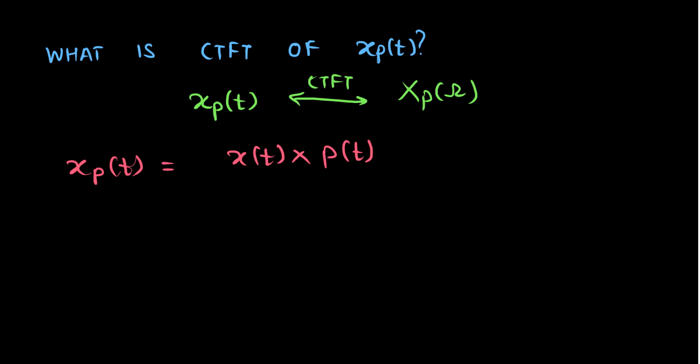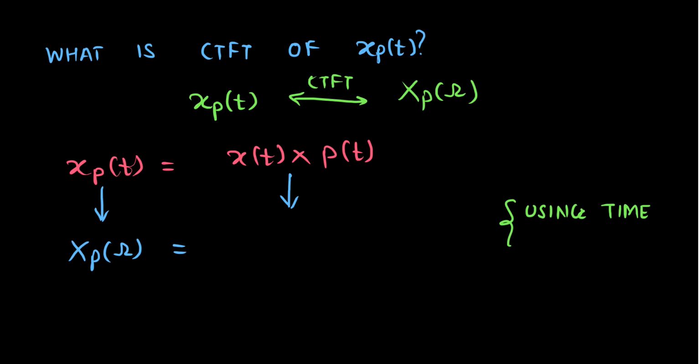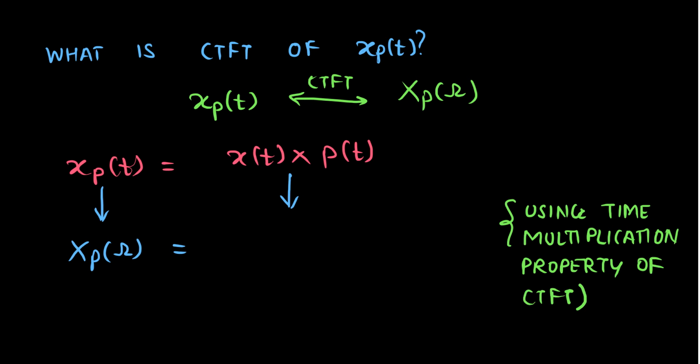So now if we take the Fourier transform on LHS as well as RHS, here we would be having it as Xp of omega, whereas on the RHS using the time multiplication property of continuous time Fourier transform, the multiplication in the time domain results in convolution in the frequency domain, but with a scaling factor of 1 over 2 pi.